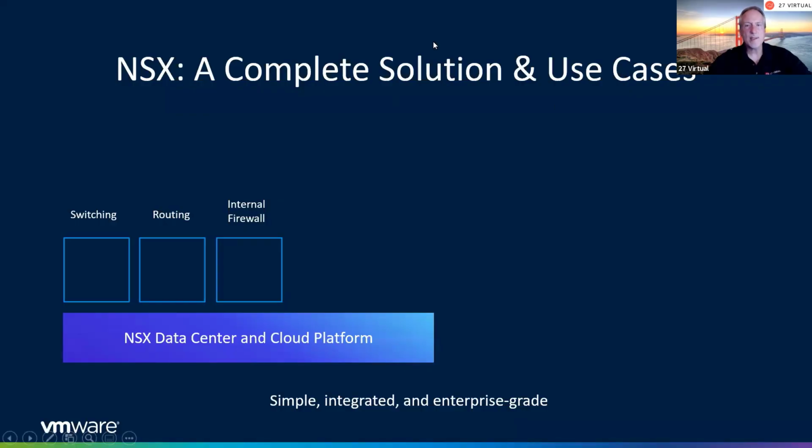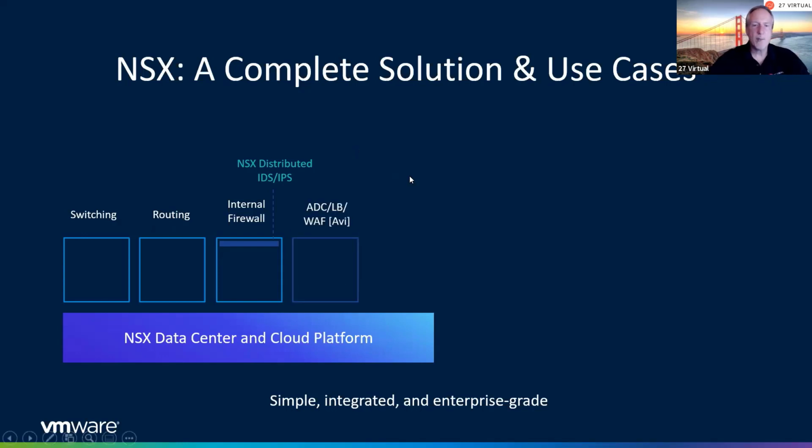So NSX is a complete solution. NSX is going to provide everything you need from a networking and a security standpoint: core route, switch, and firewall. But we have added NSX IDS IPS, a subscription service you can take advantage of to allow you to, just like with micro-segmentation, take security and add it into the kernel of your ESXi host.